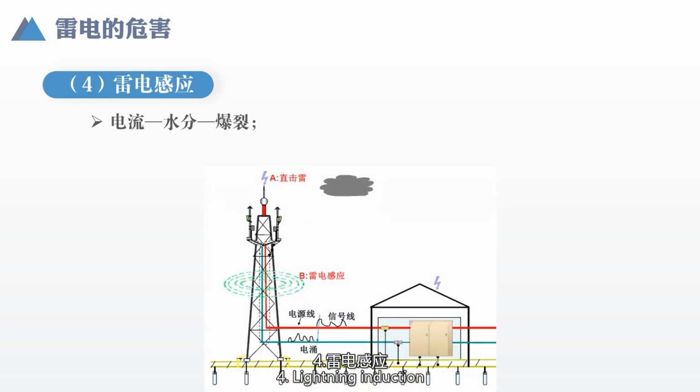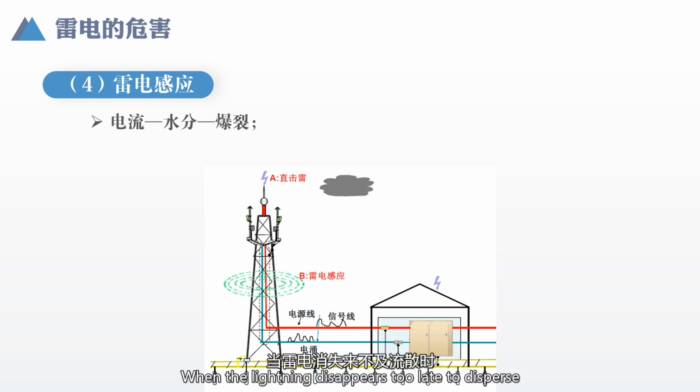Fourth, lightning induction. Electrostatic induction from lightning current can cause the conductor of the struck object to generate a large number of charges opposite to the nature of lightning.